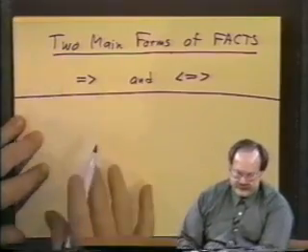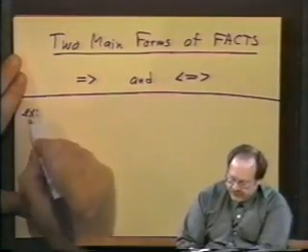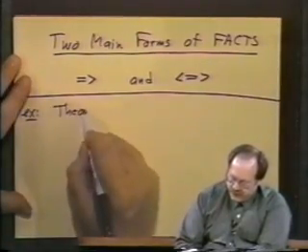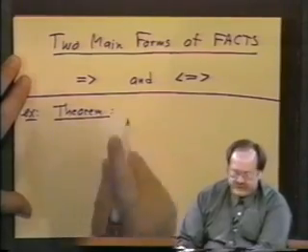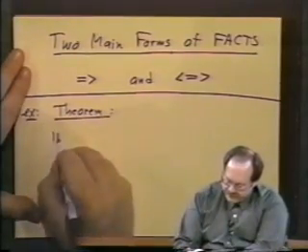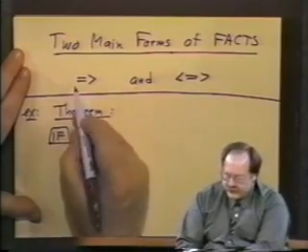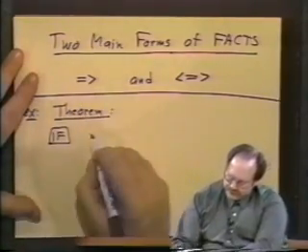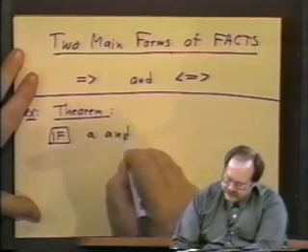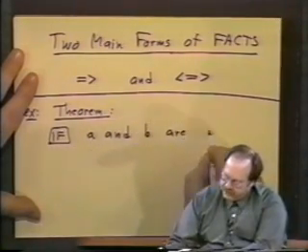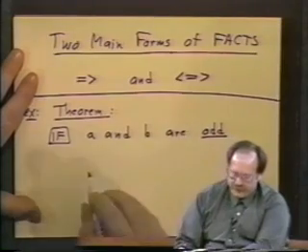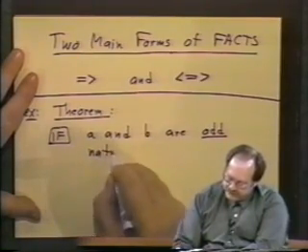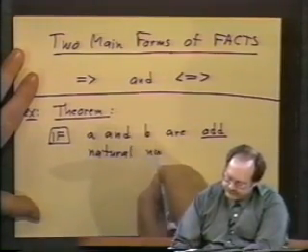These are both statements. So here's an example. We'll call it a theorem. Very simple result. Remember, the arrow can be rewritten in English as if, and then a then follows. If A and B are odd, you remember what odd numbers are? Odd natural numbers.